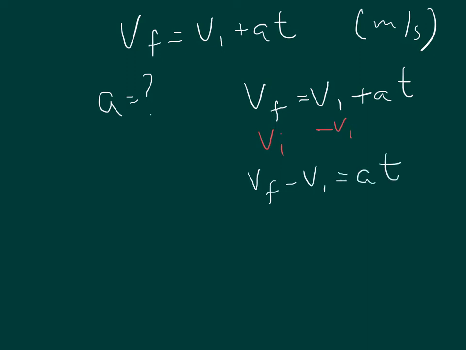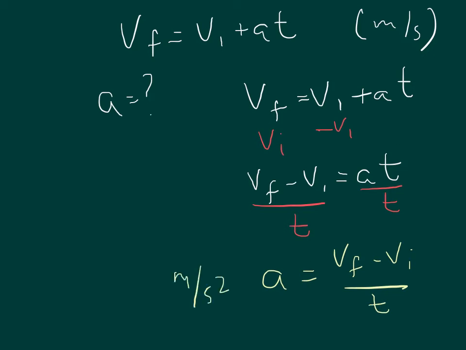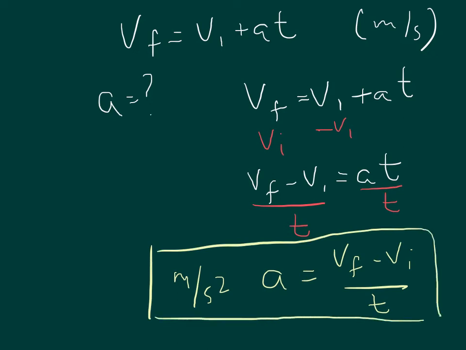And then I would divide both sides by t, and you're going to be left with a is equal to Vf minus Vi over t. Since this is an acceleration, the units would be meters per second squared. So that's your second arrangement. And this formula is the one that we just worked on, this one.